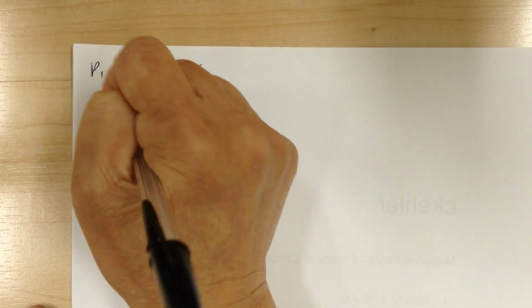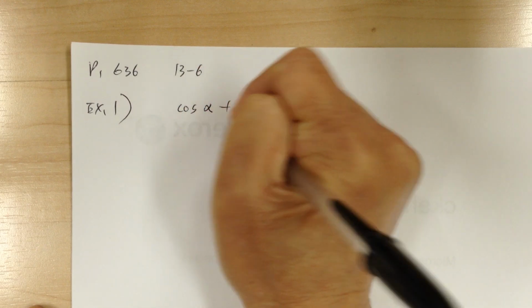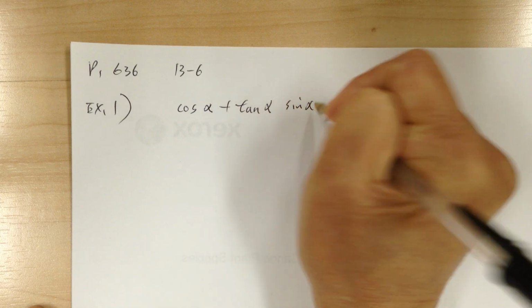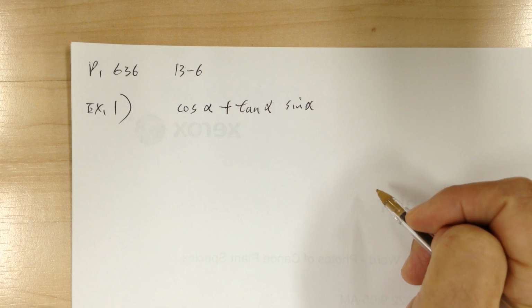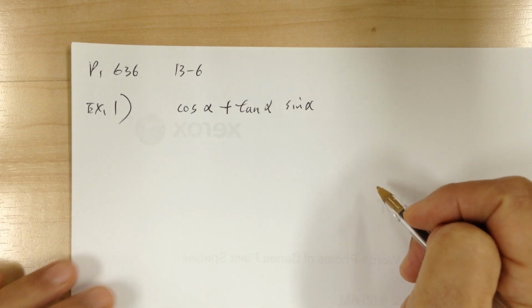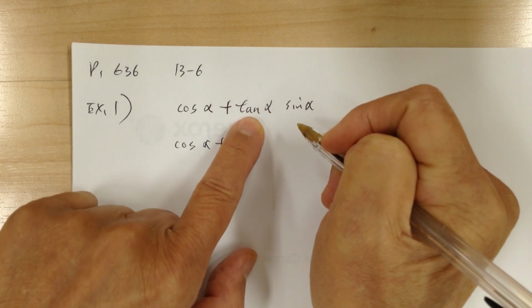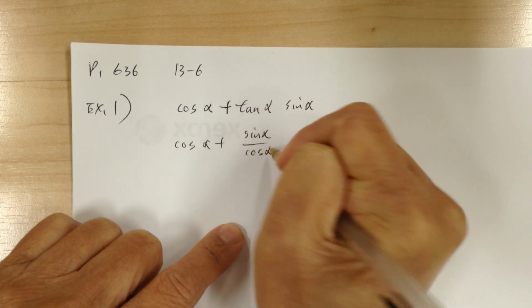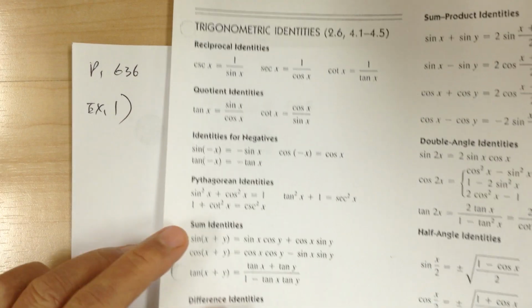So you want to simplify cosine alpha plus tangent alpha sine alpha. The rule of thumb is, if you're not sure what to do, just change everything into sine and cosine. So tangent alpha is sine over cosine. And again, you have to be familiar with your identities.